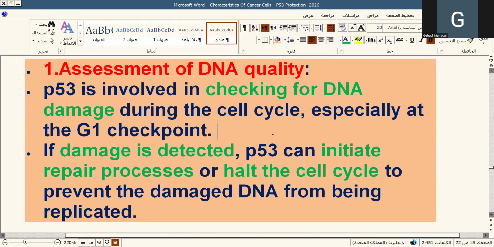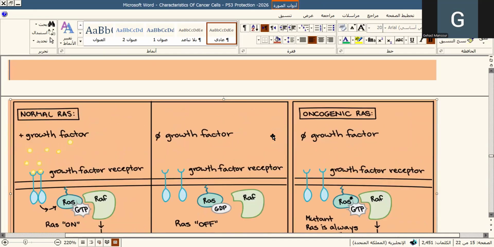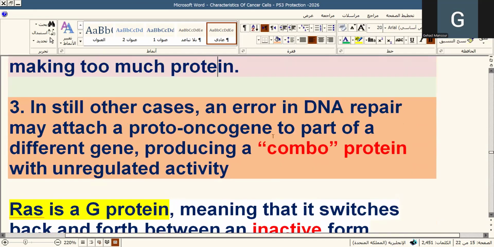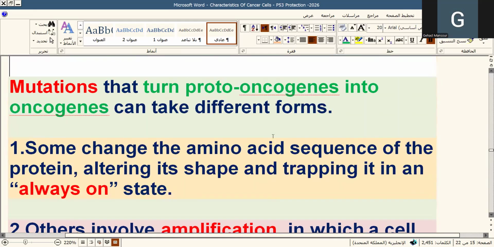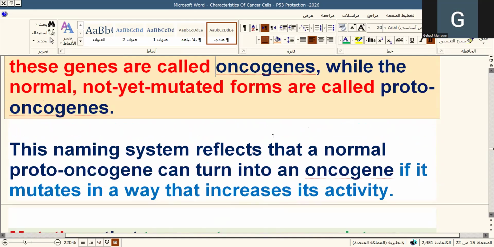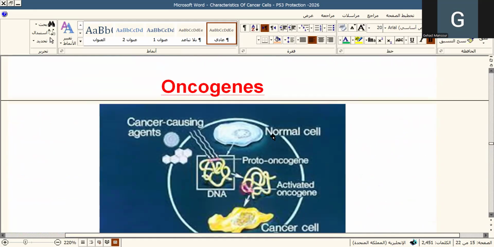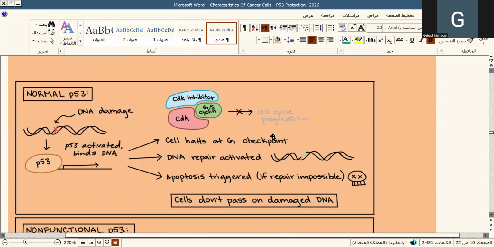We can refer again to the diagram that we used in the previous video to remind you of the role of P53 in halting the cell cycle and arresting it in case we have a mutation in DNA.